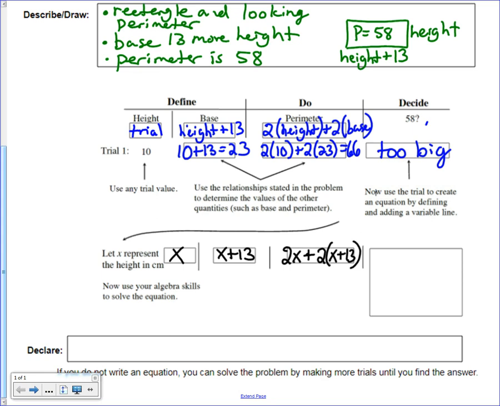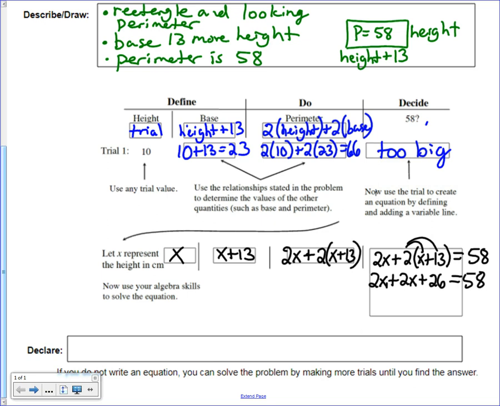So now that we have that expression, we can just set it equal to 58 and solve. So we have 2x plus 2 groups of x plus 13 equals 58. So then we use our solving equation skills. We're going to get 2x plus 2x plus 26, because I distributed the 2 through, equals 58.